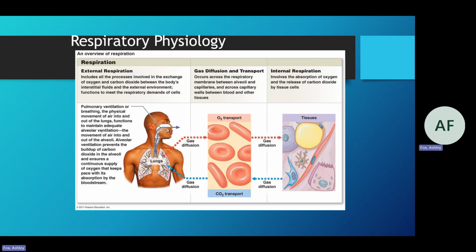So we maintain alveolar ventilation, meaning we maintain air in the alveoli, and we can make sure that we continue to get oxygen, and external respiration can occur where oxygen travels into the blood, carbon dioxide travels out of the blood, and then travels throughout the body to other capillary walls, and then internal respiration occurs where we're delivering the oxygen to the tissues and the tissue cells, and we're removing the carbon dioxide from the tissue cells into the capillaries, and then start the process over again.